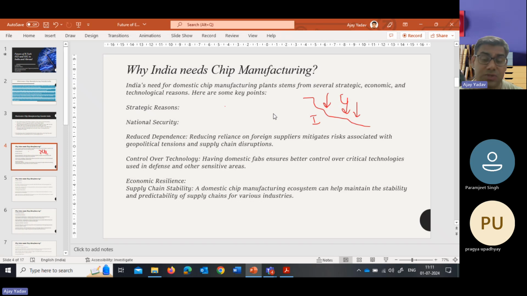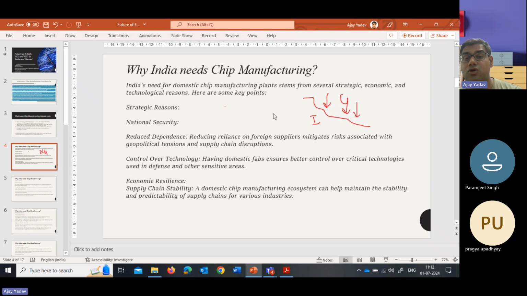And these chips we use in defense, and also in domestic products, consumer products, and industry. If a country with whom you are fighting, why would they give you all these things? From the national security point of view, it may create chaos at the time of war with our neighbors. So that's why we need to reduce dependence on foreign suppliers so that we can reduce this risk. This is a big problem.